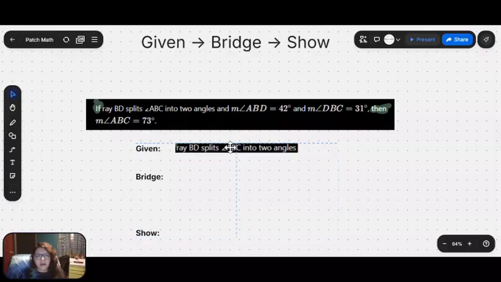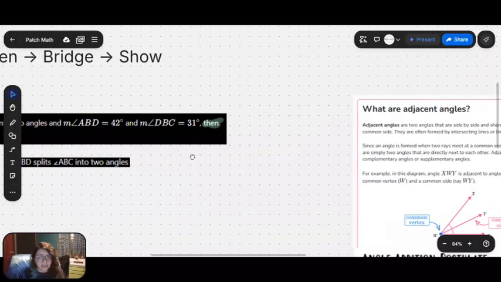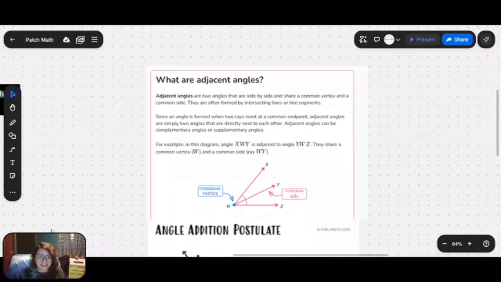I wanted to halt there because we were given more, but think about what this says about ABC. We have a ray that's splitting it in two, so what do we know about the two angles that make ABC up? Well, it means they share a common side and a common vertex, meaning they are adjacent angles.